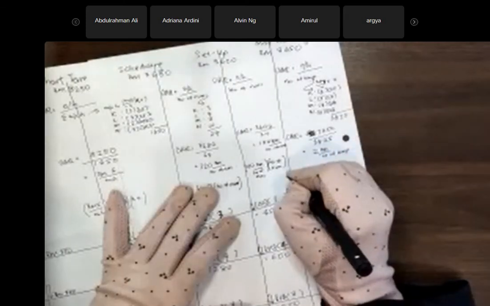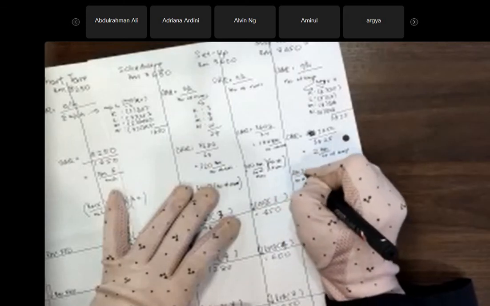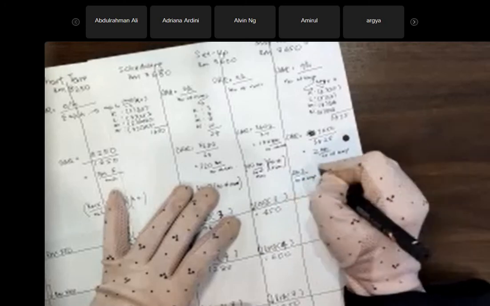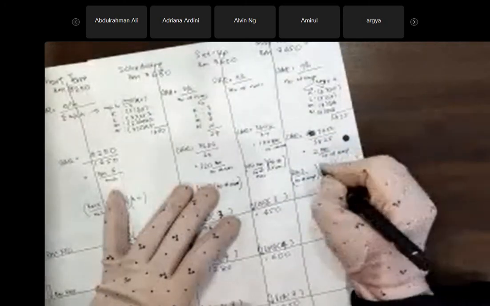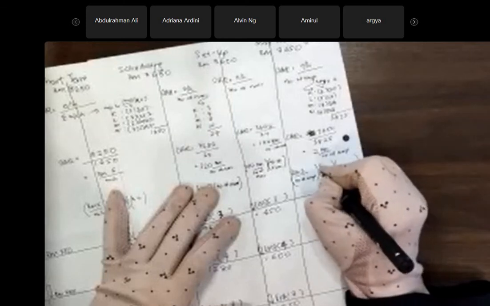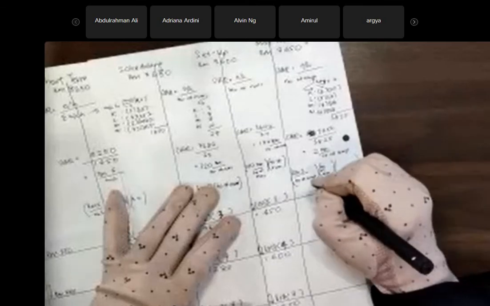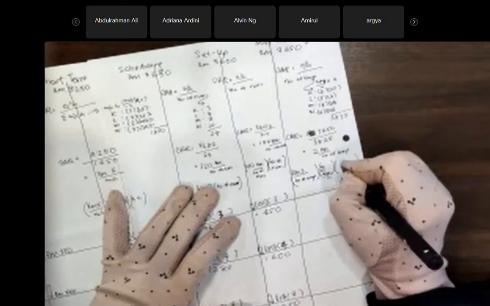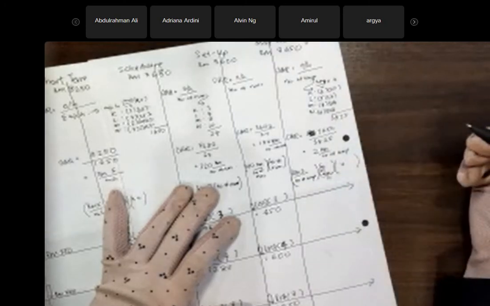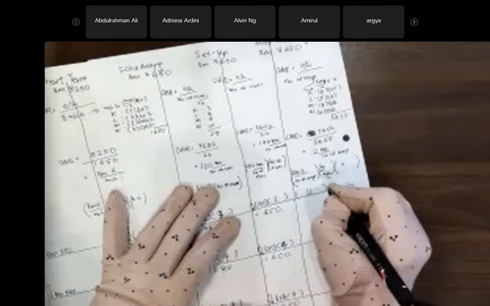Now you have 2 ringgit per number of components. In order to get RM, you need to multiply the number of components respectively. The number of components is component per unit, so you have to multiply by unit. So that means you have 3 equations here.